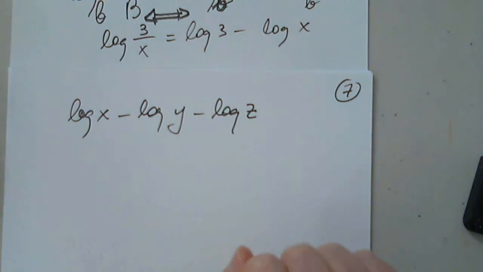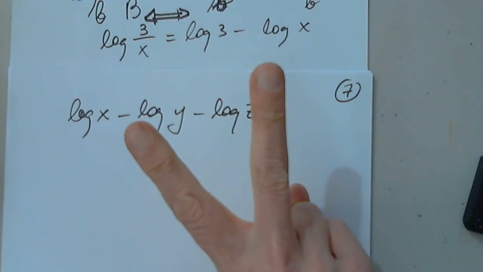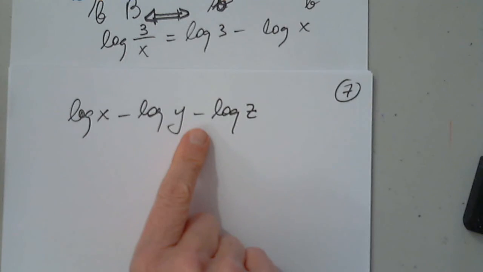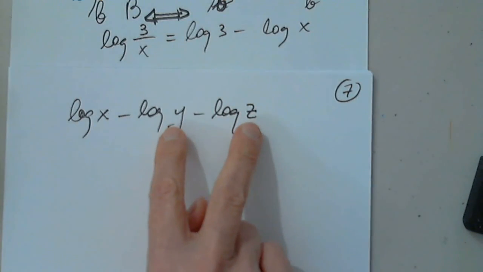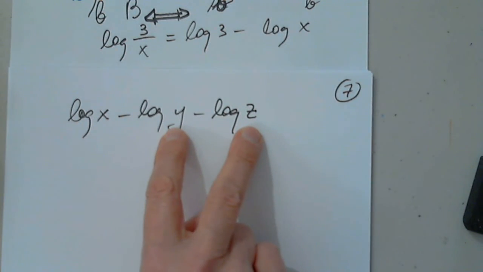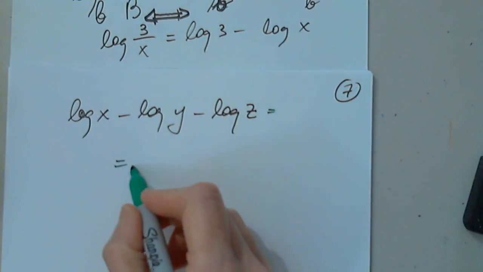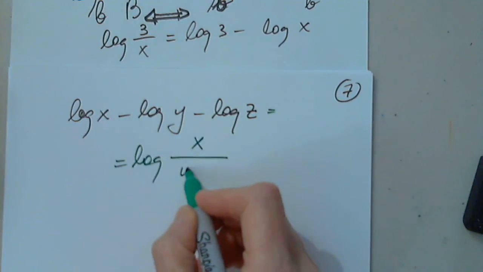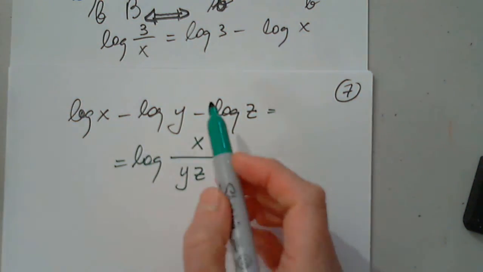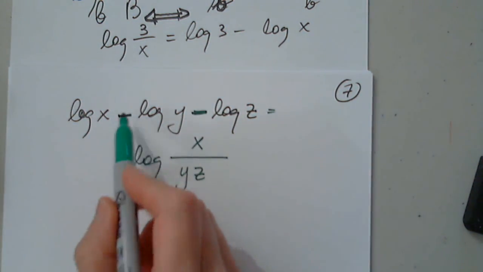Good. How many of them have a negative sign in front of them? 2. Because they have a negative sign in front of them, these two quantities will come from the denominator. So when I want to condense this, I have x over yz.